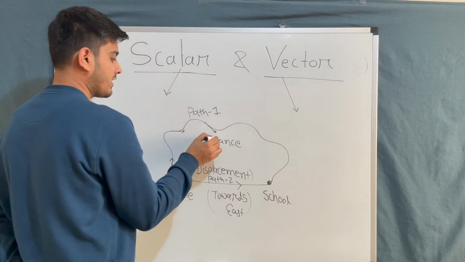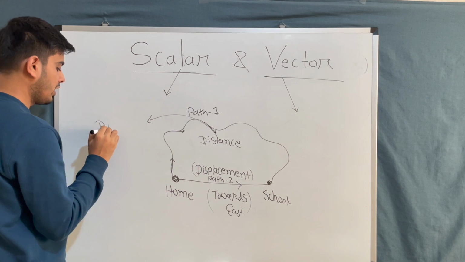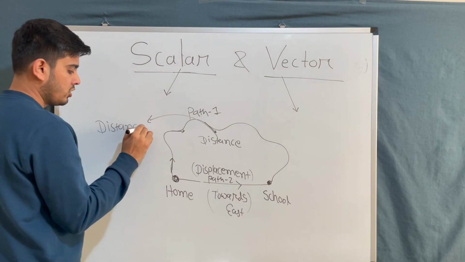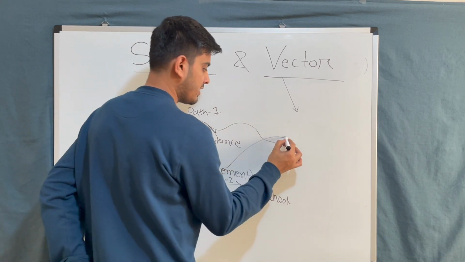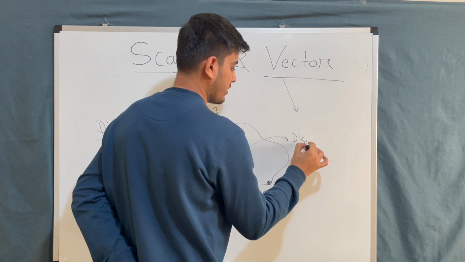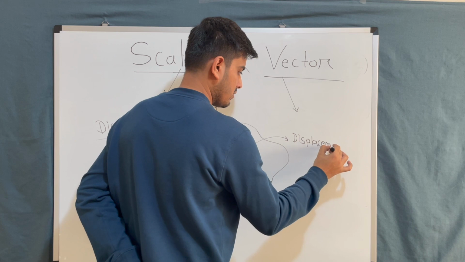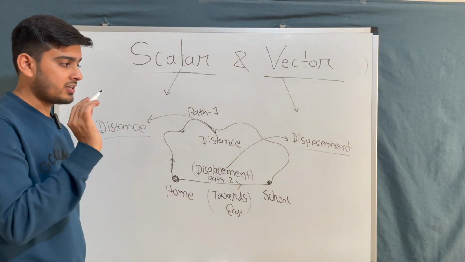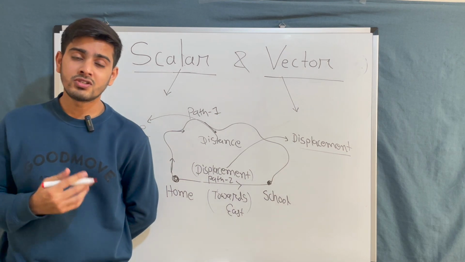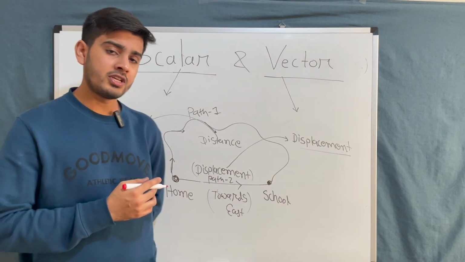So we can say distance is a scalar quantity because it does not have a specific direction, and displacement is a vector quantity. Why? Because displacement has a specific direction. We have lots of examples of scalar and vector quantities.